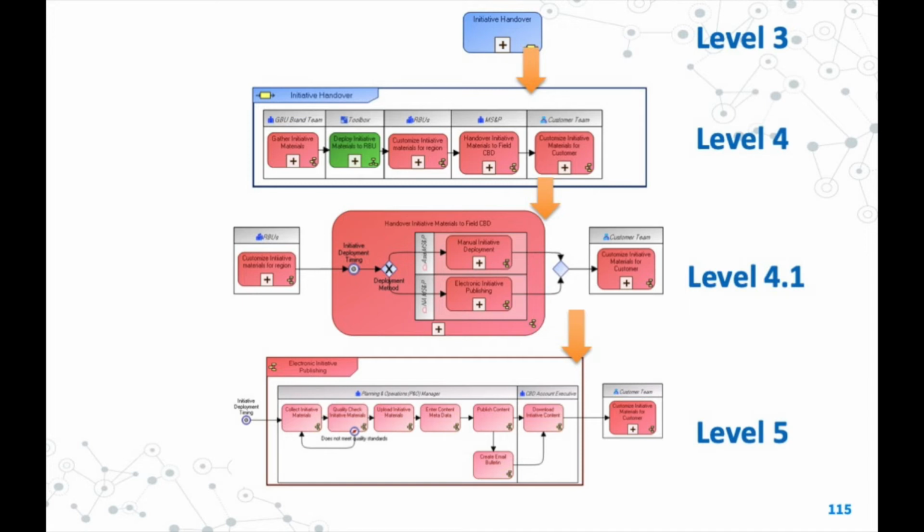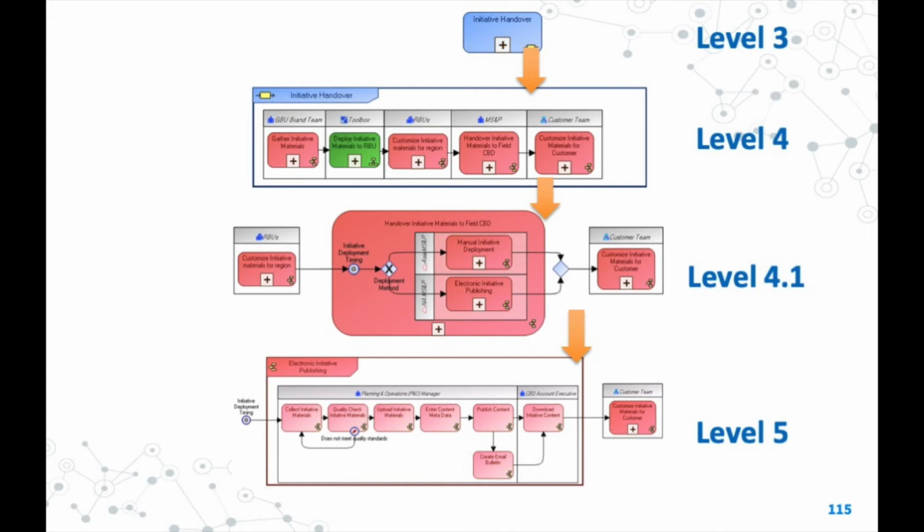That capability is then broken down into 5 steps, where they gather the initiative materials, deploy them to the regional business units, customize them for the region itself, and then hand over that initiative material to the field sales organization. Then the field organization itself customizes those materials for their customers. That's the level, I'll call it 4.